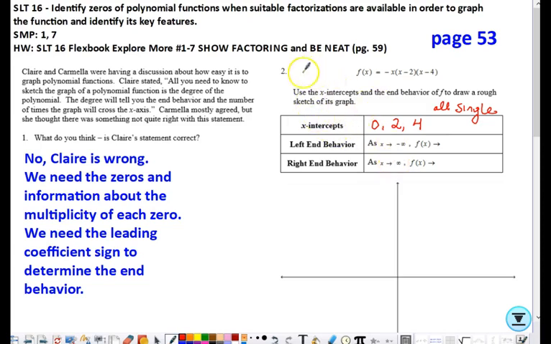What's our degree? The degree is 1, 2, 3, so that's odd. The leading coefficient is negative, so my end behaviors go this way. To the left, the end behavior goes up. To the right, the end behavior goes down.